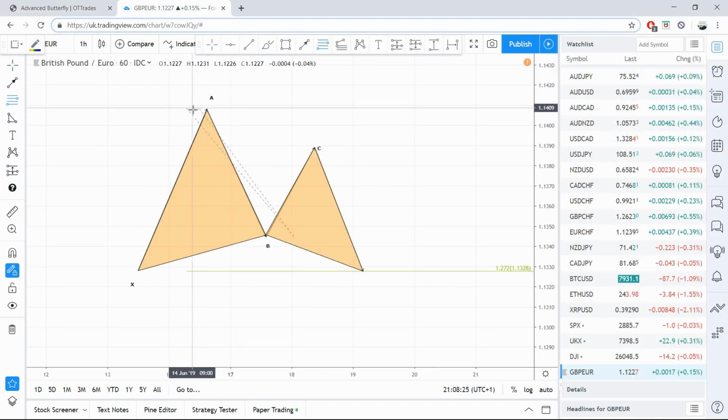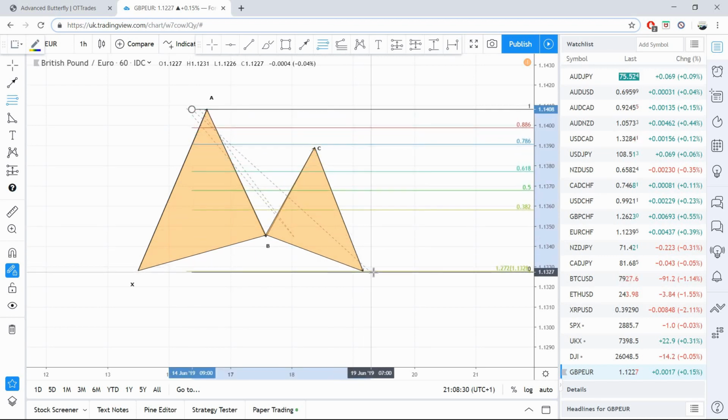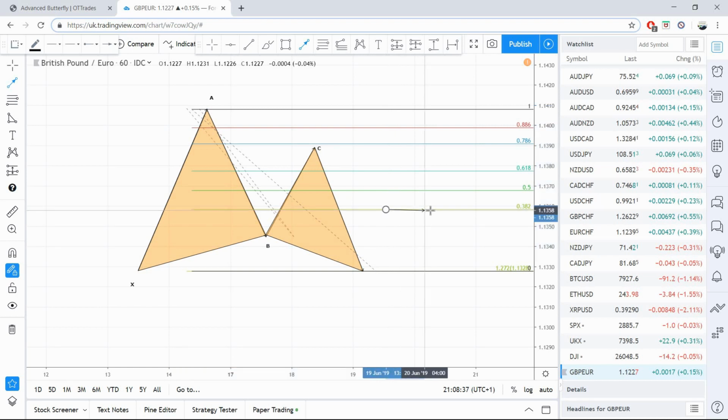So from A, we stretch our fib tool down to D, and our targets are going to be at the 382, target 1, and the 618, target 2. Roughly about that. So 382 target 1, 618 target 2, that's what we're looking for.